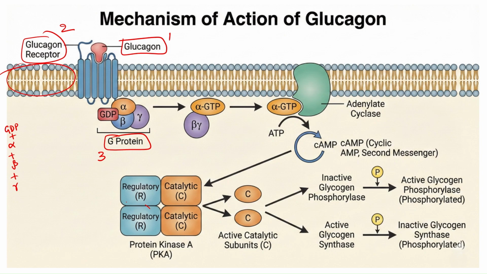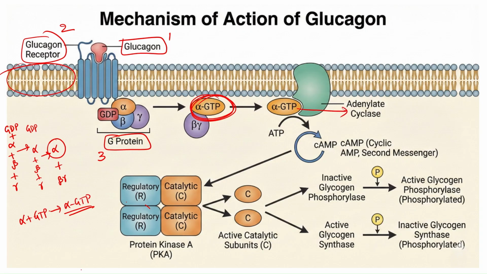Once activated, first the GDP goes out, then alpha separates from beta-gamma. After the alpha is separated, it binds to GTP to form alpha-GTP. This alpha-GTP will activate an enzyme called adenylate cyclase.